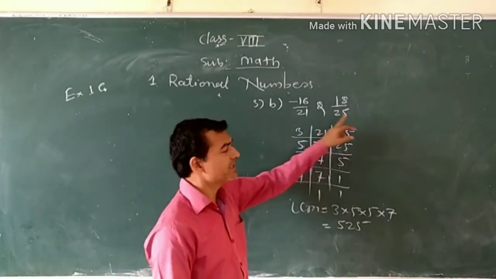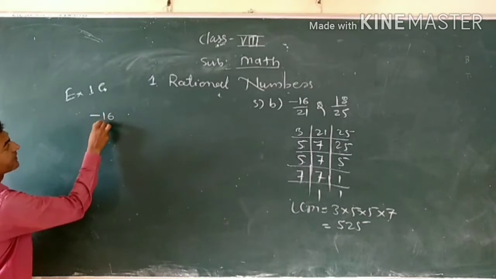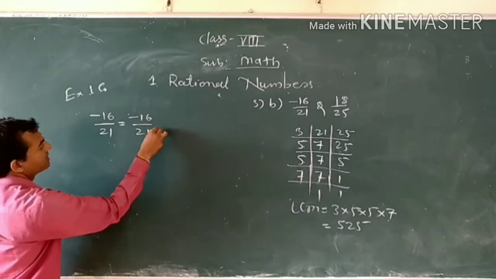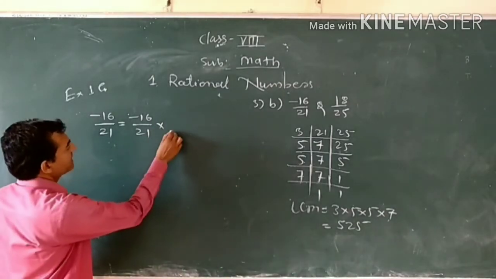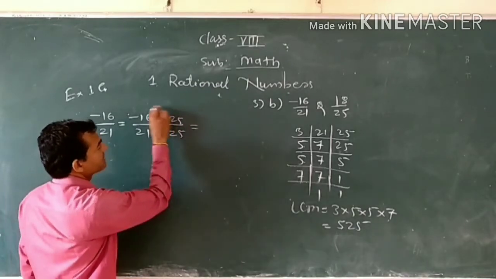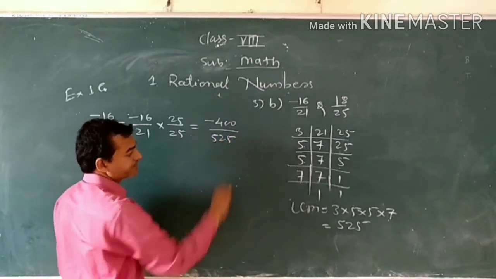So you have to make the denominator the same. Minus 16 by 21 equals minus 16 by 21 into, by which number to get 525? You have to multiply by 25 on the top and bottom. After multiplying, you get minus 400 divided by 525.